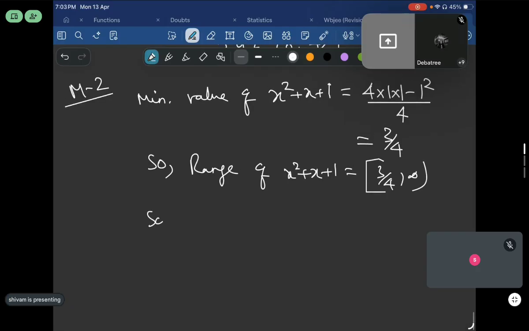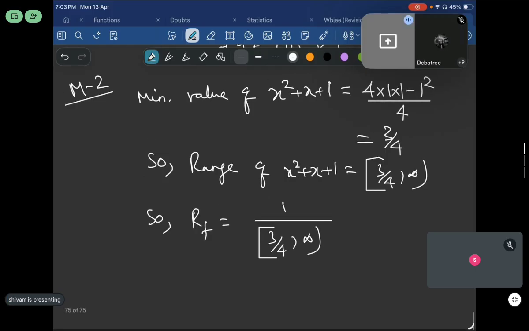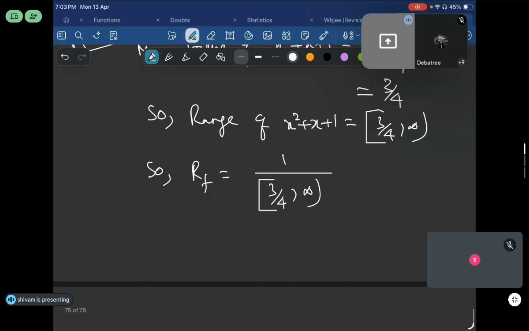So finally, what is the range of this quadratic? Range of the function will be 1 by closed 3 by 4 comma infinity. Now 1 by infinity open will be open 0, and 1 upon 3 by 4 closed will be 4 by 3.